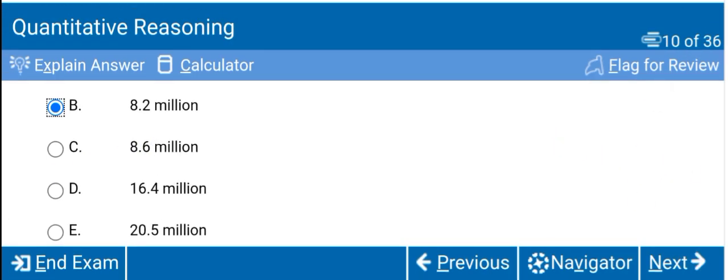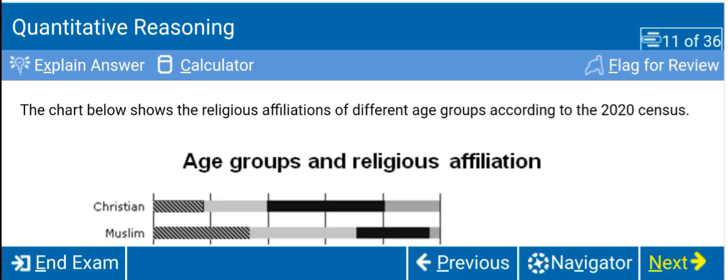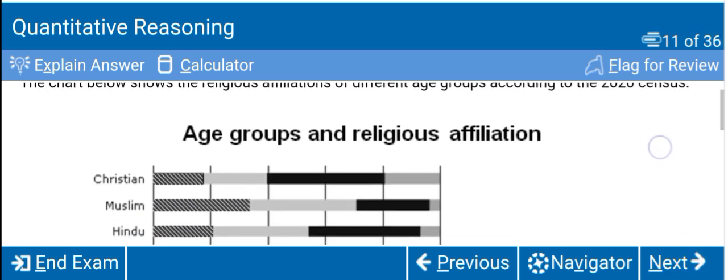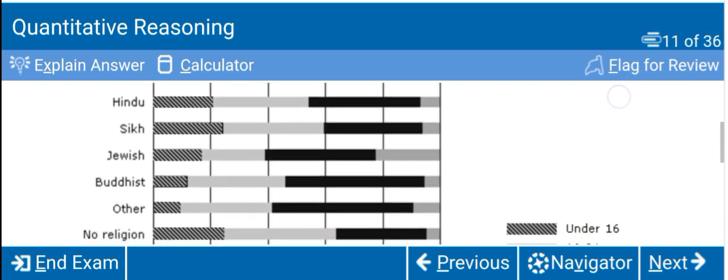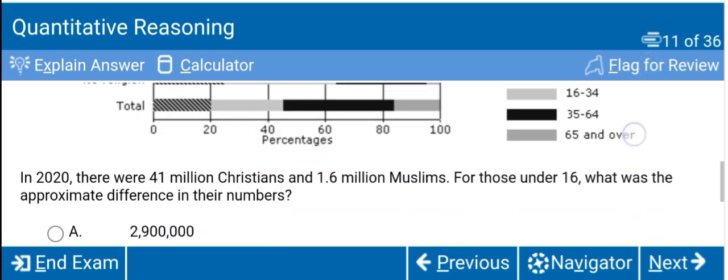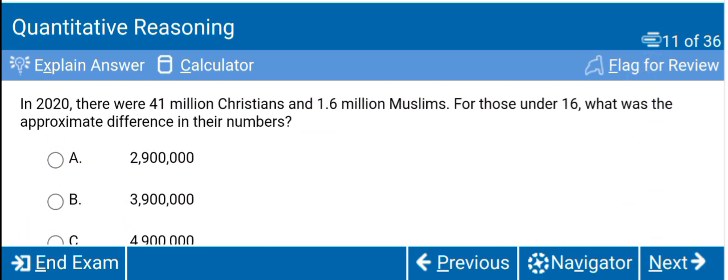Next question we have, same passage statement with the same chart. The question is, in 2020 there were 41 million Christians and 1.6 million Muslims. For those under 16, what was the approximate difference in their numbers?